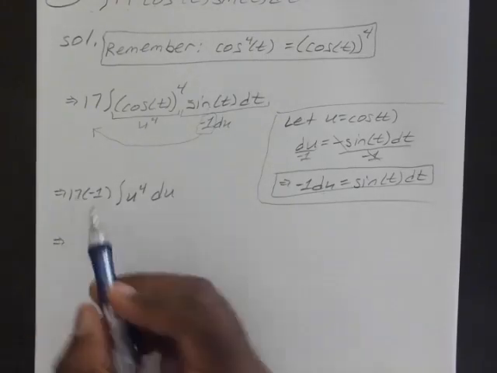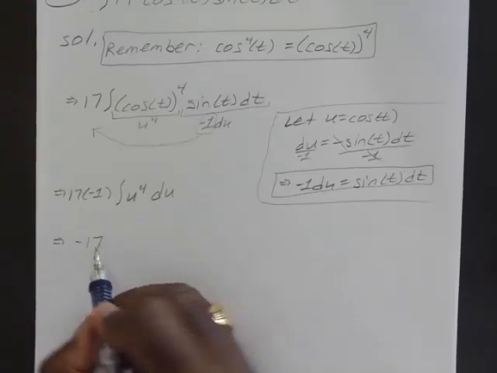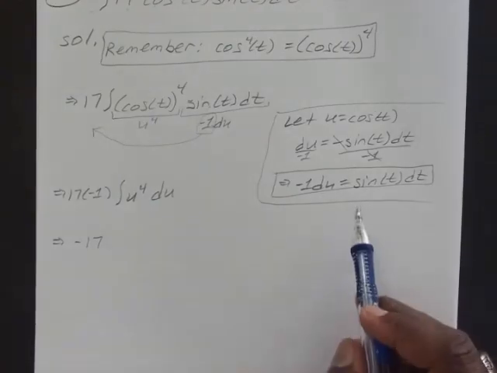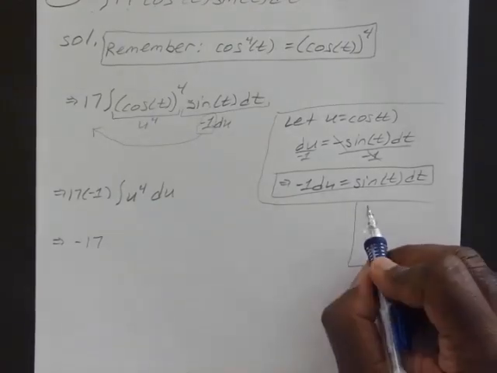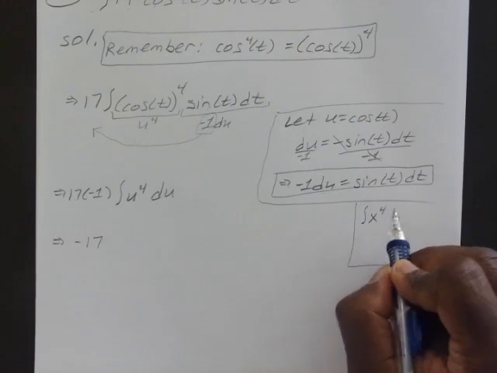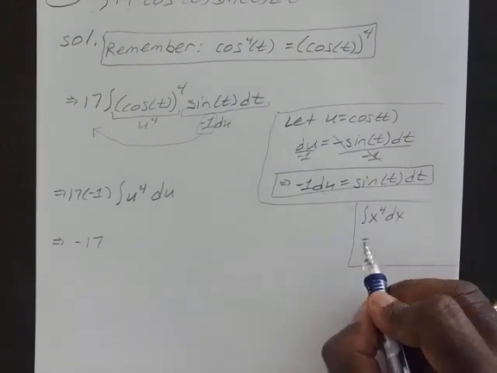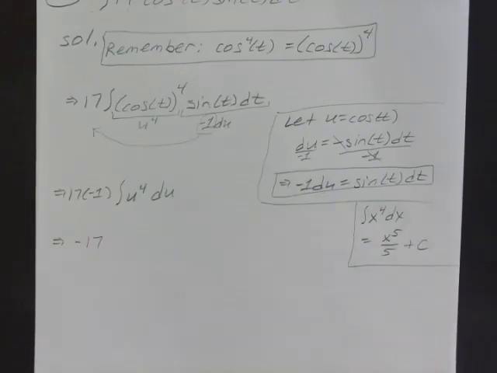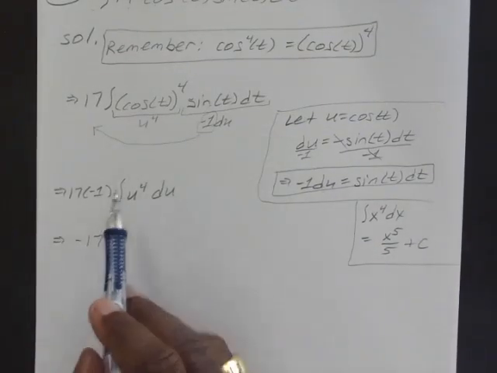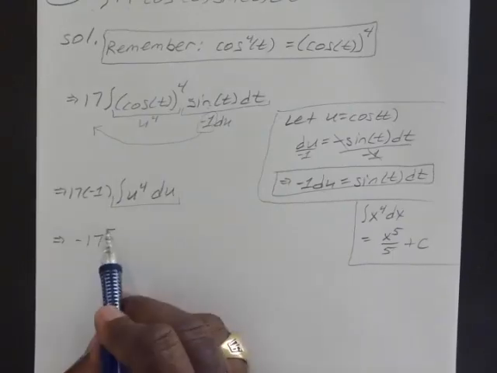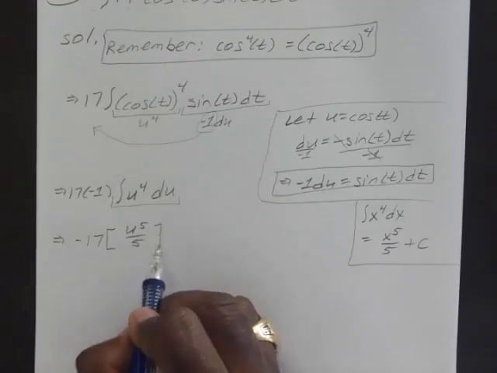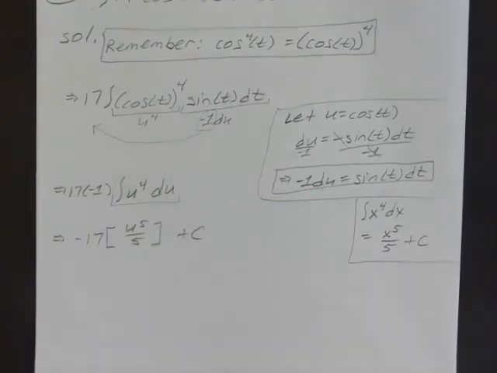Okay, so 17 times -1 is just -17. And since we know that if we had the integral of x to the fourth power dx, that would just equal x to the fifth power over 5 plus c, the integral of u to the fourth power du is just u to the fifth power over 5 plus c.